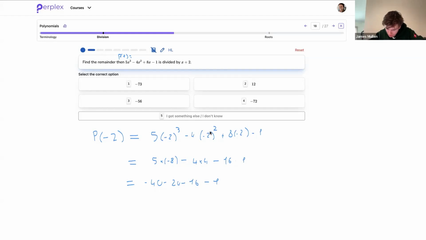Something seems off, but maybe not. This is going to give me a different answer from everything that I found here, which is a bit weird. Oh, yeah, it's because I'm an idiot. 4 times 4 is not 24, it's 16. Okay, that makes a big difference. So I have negative 40, and then minus 32, minus 1, negative 33. It's negative 73 is my answer.